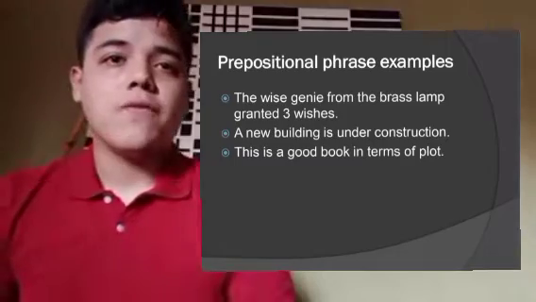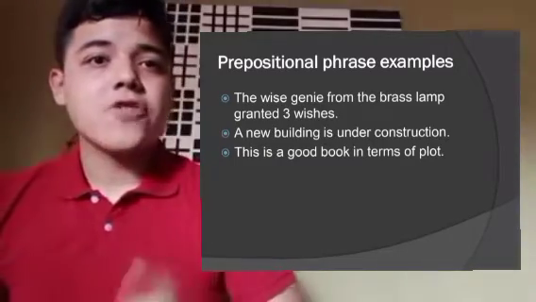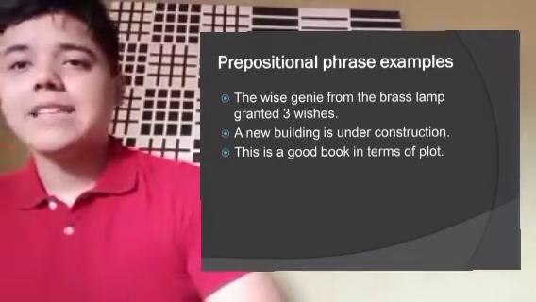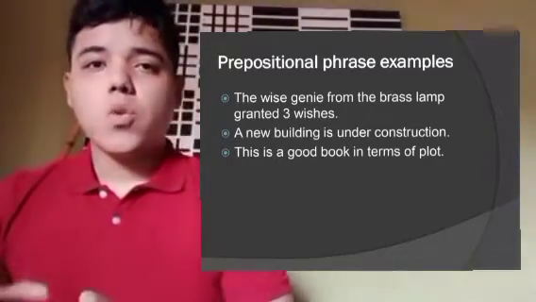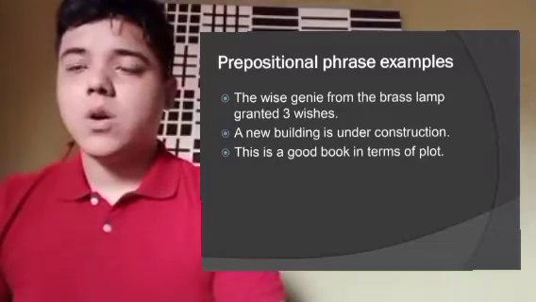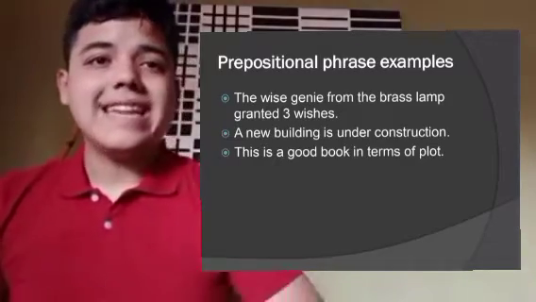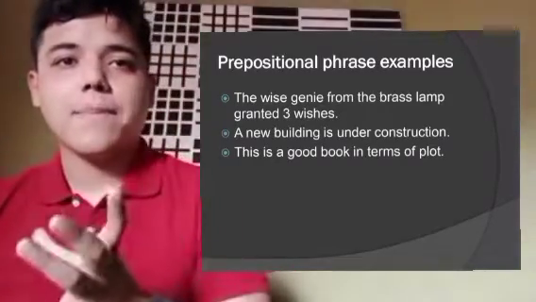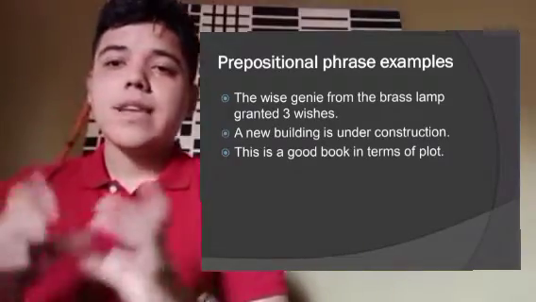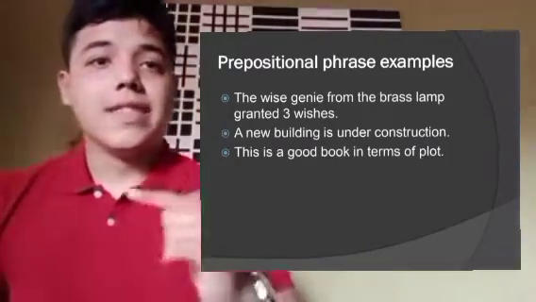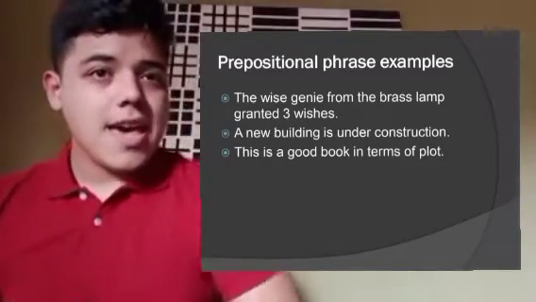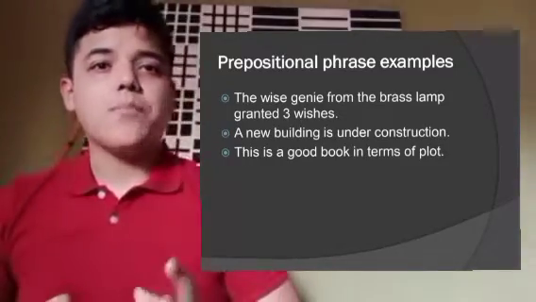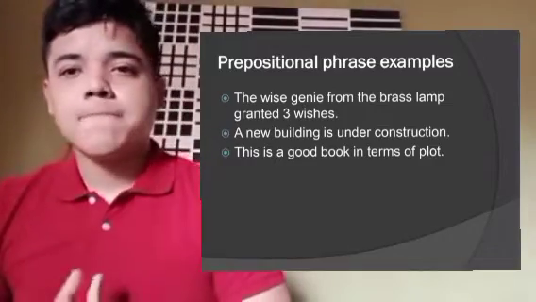As a post modifier, we have granted 3 wishes. As a preposition, we're going to say where our genie came from. So it came from the brass lamp. So that's our preposition. The post modifier granted 3 wishes, and that's how we form a prepositional phrase.